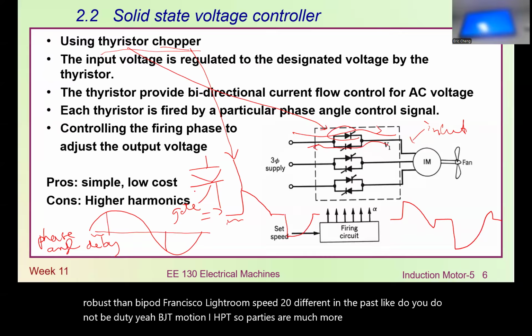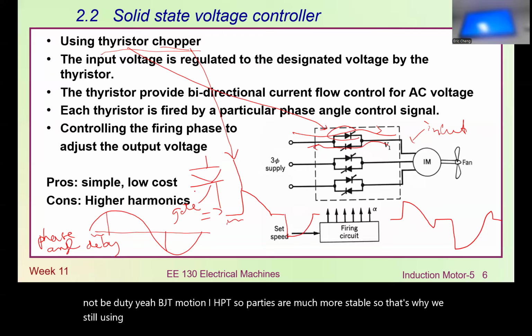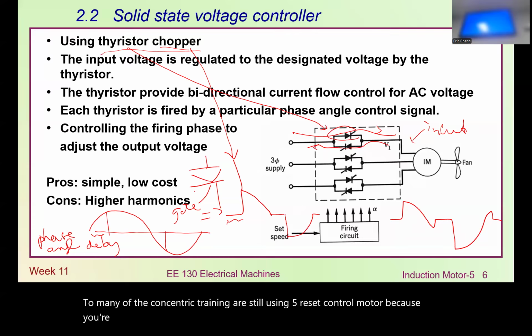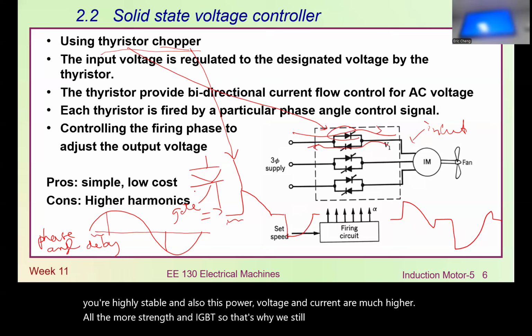That's why we're still using them for many operations, including trains. Many cross-country trains still use thyristors to control the motor because it's highly stable. Also the power, voltage, and current ratings are much higher than MOSFET and IGBT. So that's why we still heavily use it.